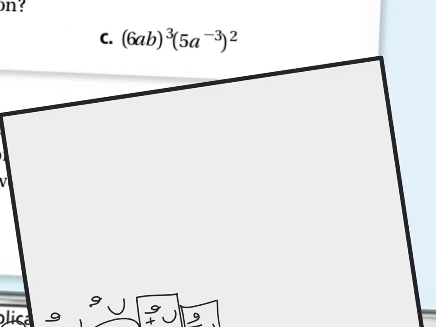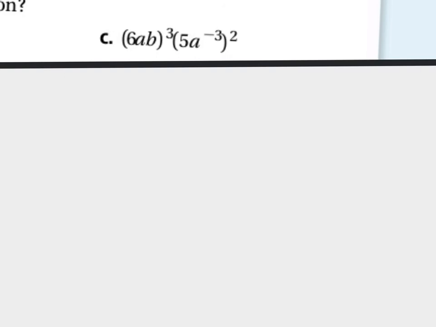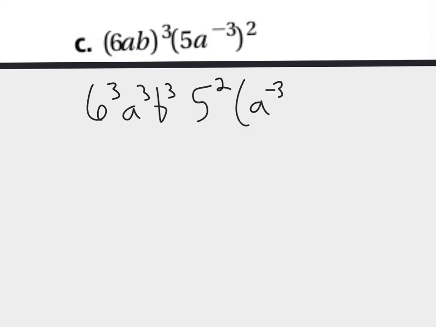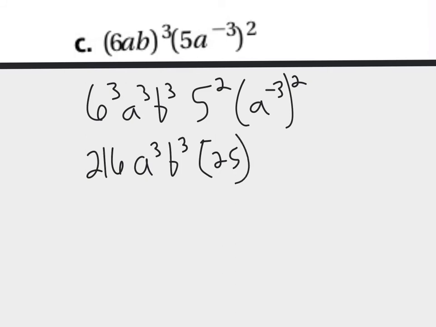And then part C, same idea. Everything here gets cubed. Everything here gets squared. Multiply these would be a to the negative 6th.